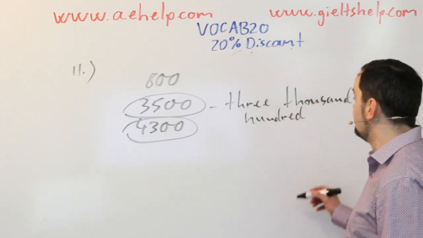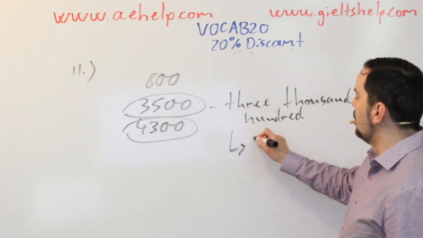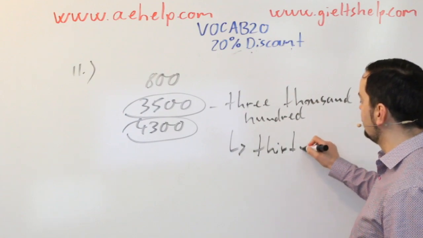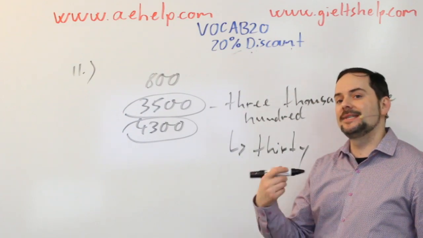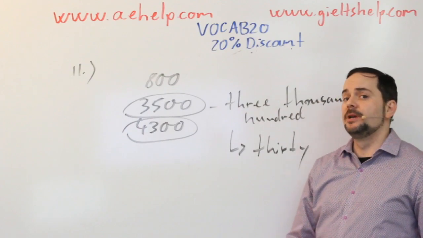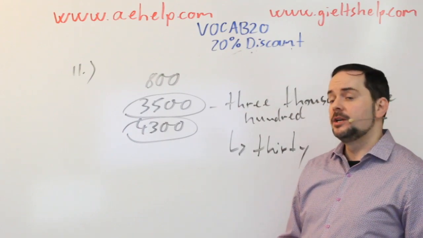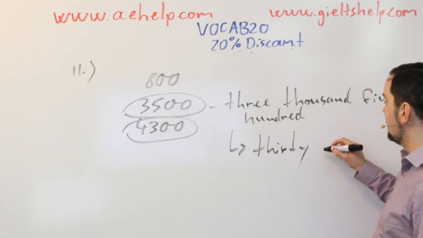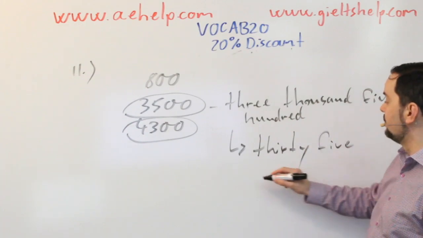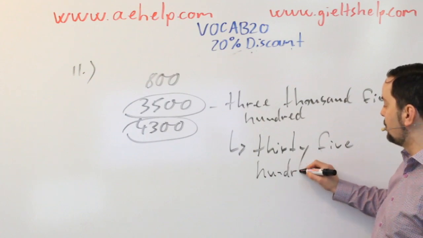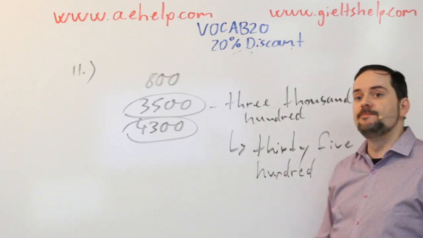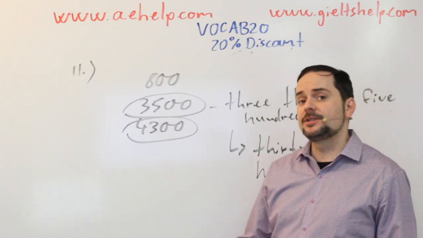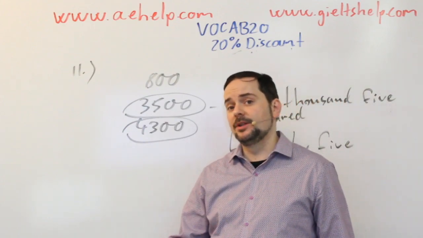Yeah, 3,500, exactly. So make sure that you're familiar with different ways to say numbers in English, because in the listening, they're tricky. So sometimes they'll say 3,500 and sometimes they'll say thirty-five hundred. Okay, both are correct. We use both of them. And in the IELTS, sometimes they'll use one, sometimes they'll use the other.